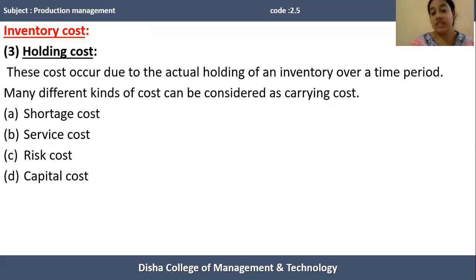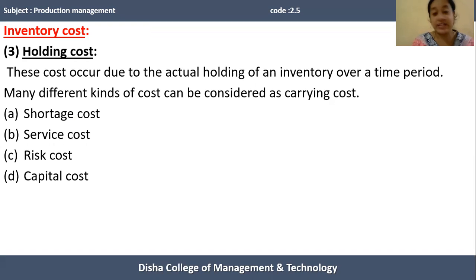Next one is the service cost. Means for getting certain service, the firm has to incur certain cost, that is known as service cost. The firm stores certain items in its storehouses. So for the safety of the items or inventory, the firm sometimes makes an insurance.